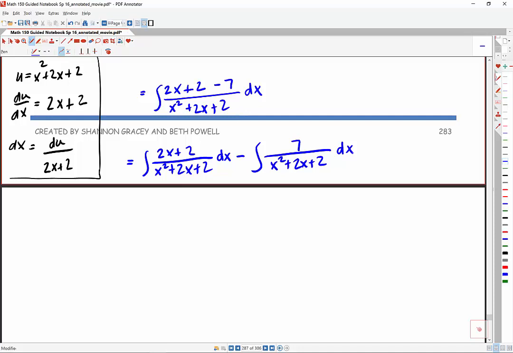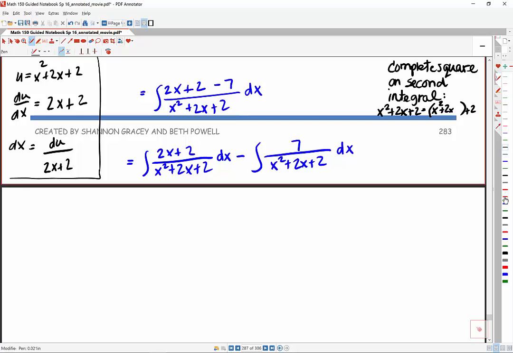Okay, so the second integral is going to require us to complete the square, right? On the second integral. So when we do that, we'd have x squared plus 2x plus 2 equals x squared plus 2x plus 2.